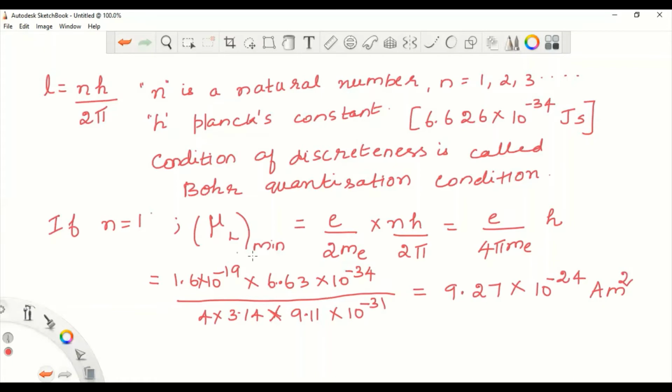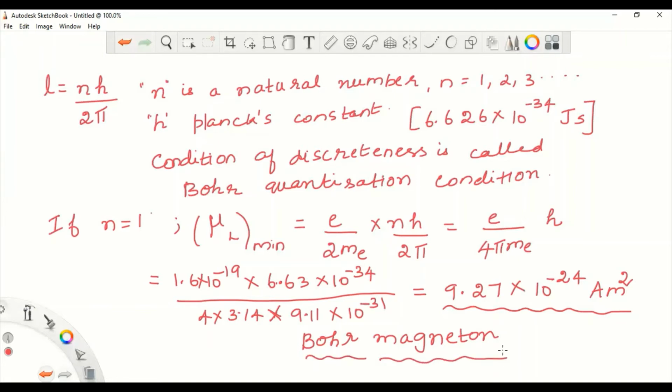This is the minimum value, and it is called the Bohr magneton, since it is according to Bohr's quantization condition.